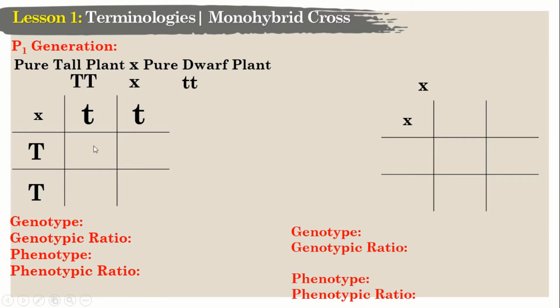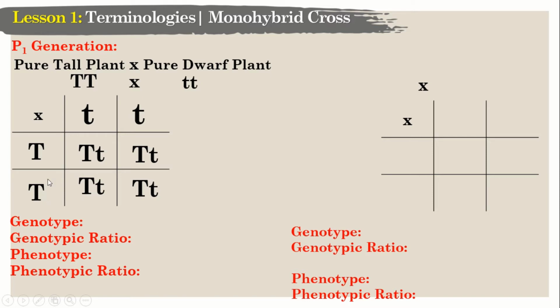For the first box, we have a combination of capital T and small t. For this one, we have capital T, small t, then the other capital T, small t, and on the last box, we have capital T and small t. These are the genes coded from the parents.